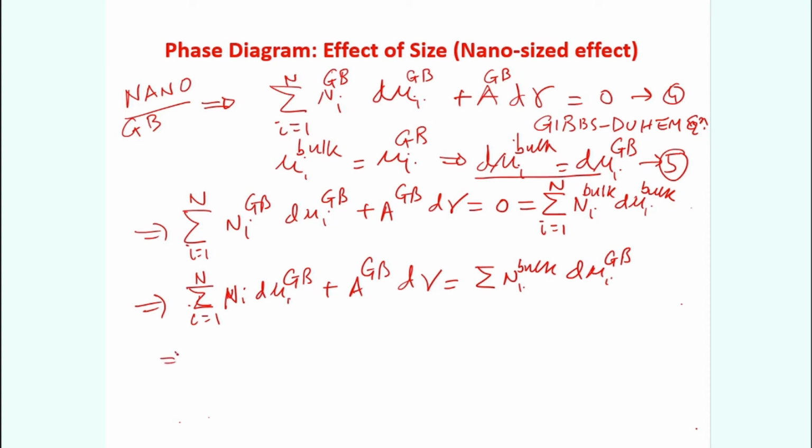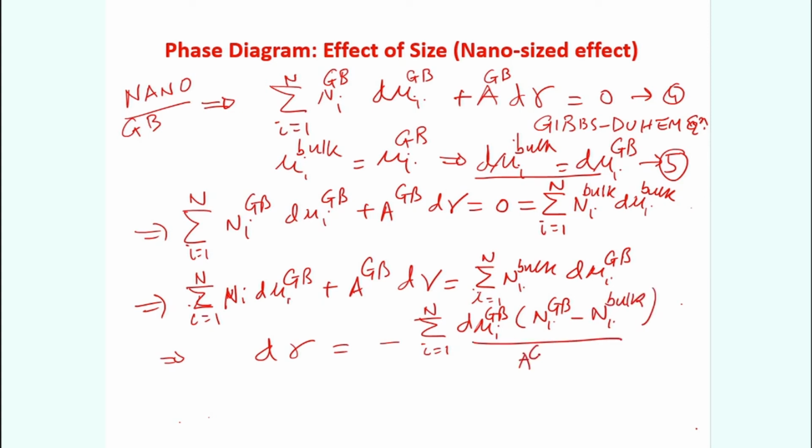So finally, what do you get? If you do the math carefully, you will get d gamma is equal to minus the sum from i equal to 1 to n of d mu i GB times (N i GB minus N i bulk) by A GB, correct.